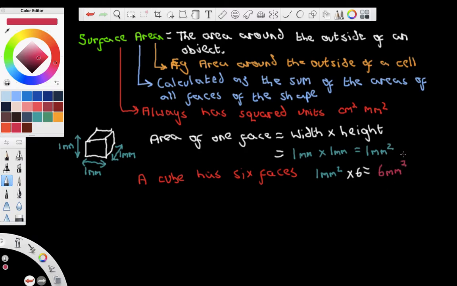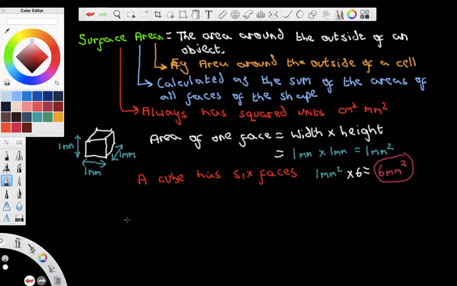That is our surface area. Okay, so that's our surface area. We've done the width times the height to give us the area of one face. A cube has 6 faces, therefore we've got our surface area of 6 millimetres squared.